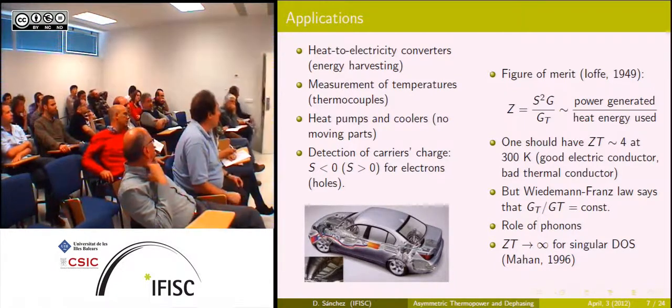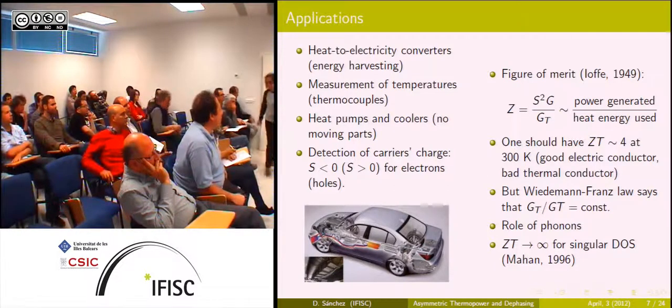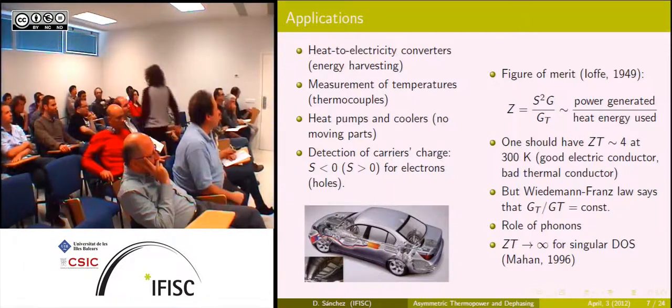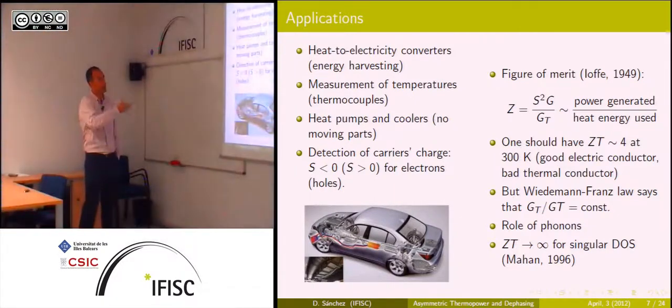Mm-hmm. It's like a Carnot engine or whatever. Yes, the Carnot efficiency can be related to this figure of merit. Actually, I want to tell you this a little later, but the maximum efficiency can be expressed in terms of this ZT. So if you know ZT, then you also know your maximum efficiency in terms of the Carnot efficiency.